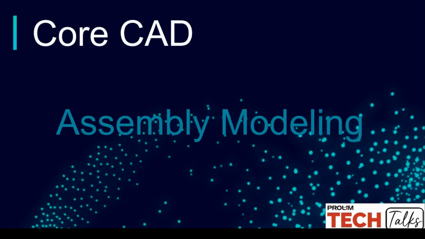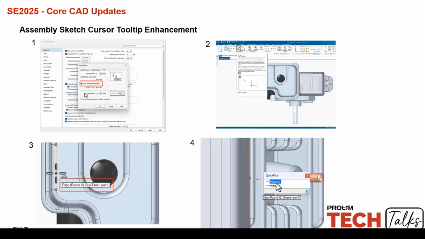So now let's go ahead and move over to some core enhancements to the assembly environment. Part and feature information has been added to the tooltips in the assembly sketch. In order to try this out, we simply enable show tooltips from the key points in the Solid Edge options menu.